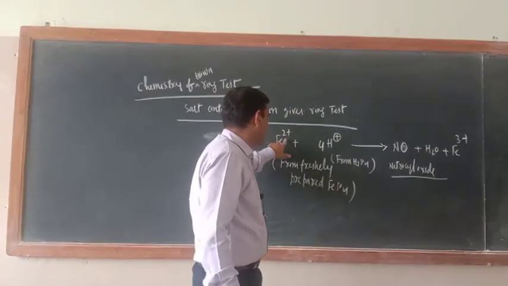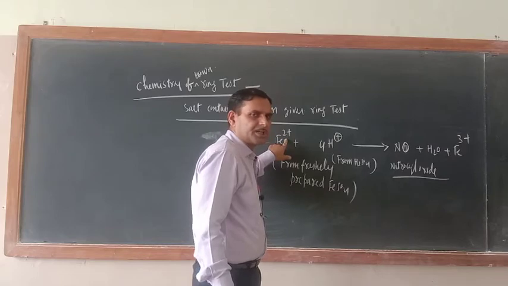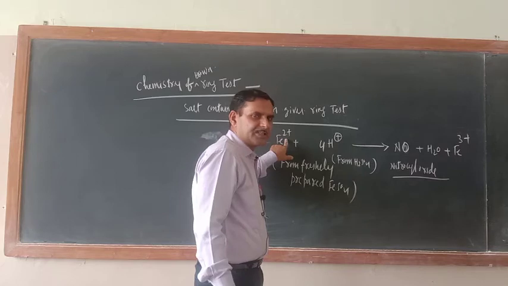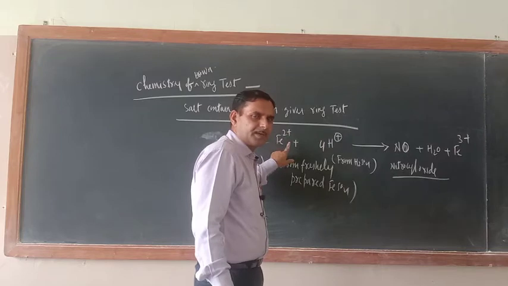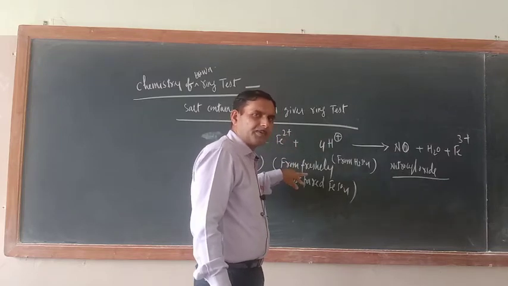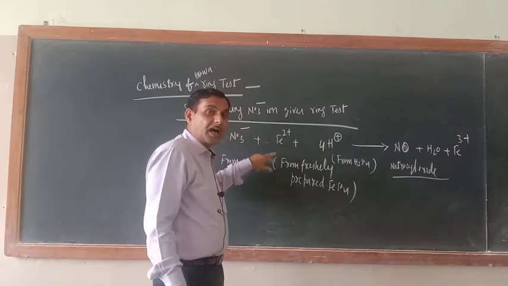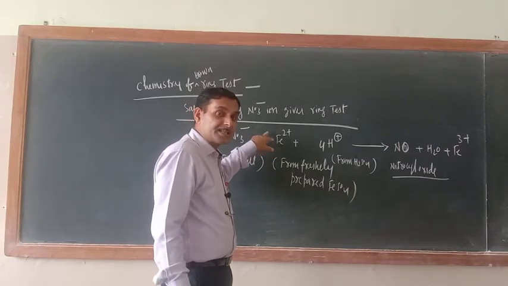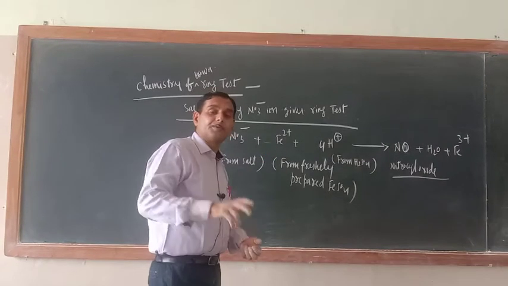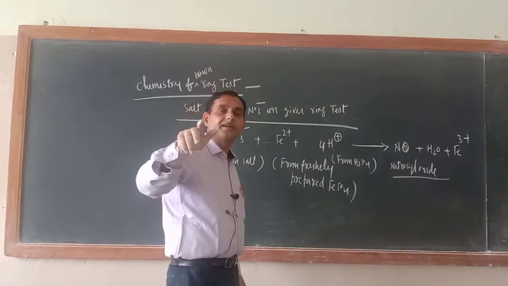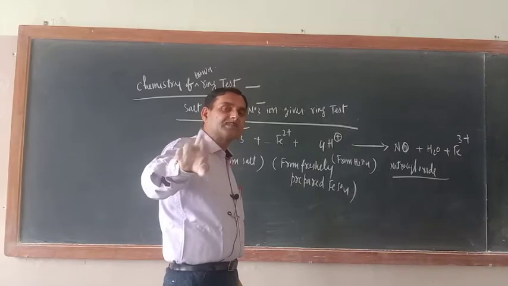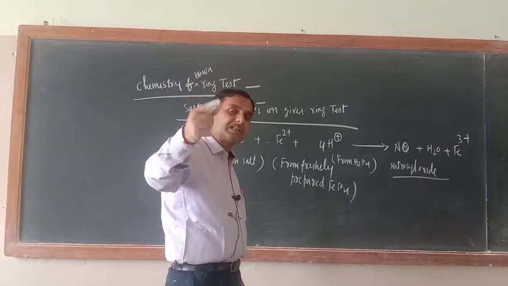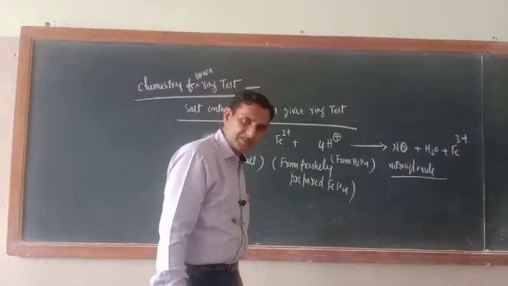So just see, there is an increase in the positive oxidation state. Iron was +2, now iron is +3. So it is undergoing oxidation, hence it is the reducing agent. And what is the need to take freshly prepared? If you do not take freshly prepared, iron will already be in the Fe3 state, because if you take ferrous sulfate and keep it for some period of time, the iron present gets oxidized into Fe3 positive with the help of atmospheric oxygen.